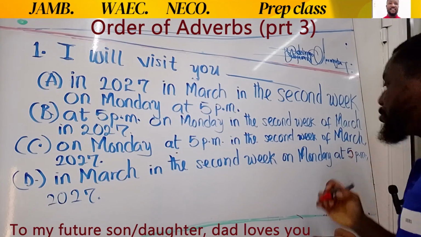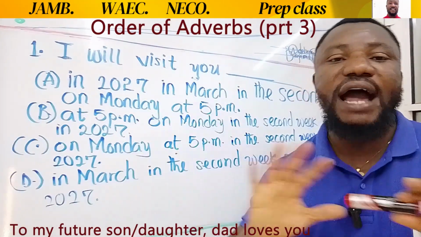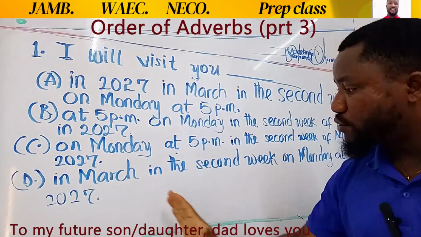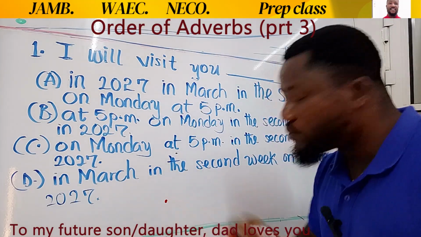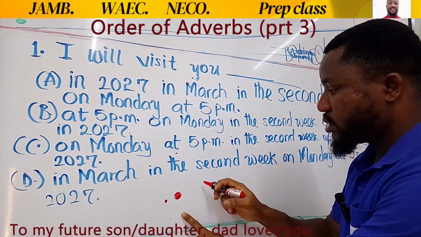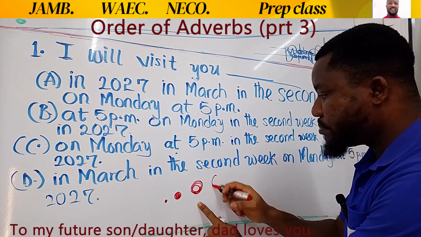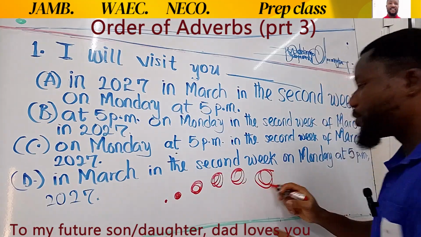That's the structure you use when you have questions being asked on the right ordering of adverbs of time. You move from specific to general. For example, you move from the smallest time to the bigger one, to the bigger one, until you move to the most general.